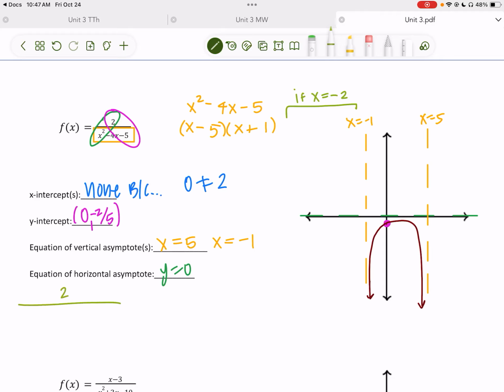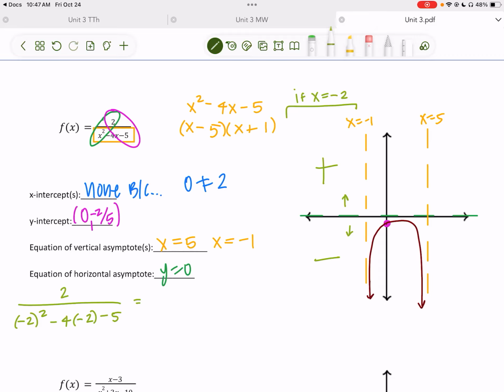So 2 over (-2) squared minus 4 times -2 minus 5. I really don't care what the number is. I just want to know if it's positive or negative, right? Because this is positive and this is negative. That's all I care about. If I figure out if it's positive or negative, I know where the curve is.